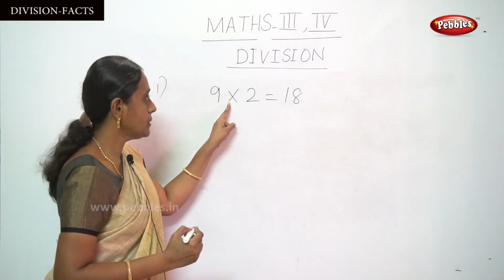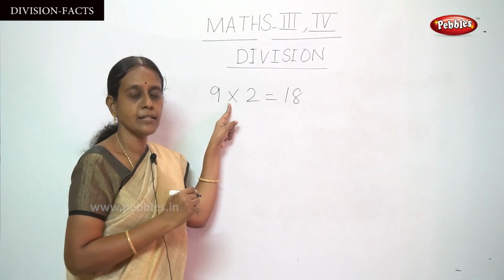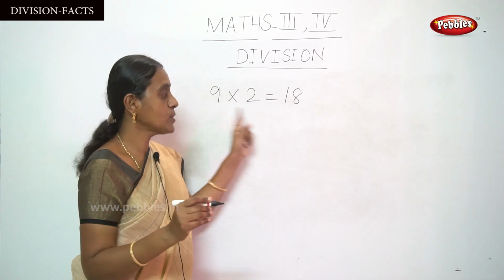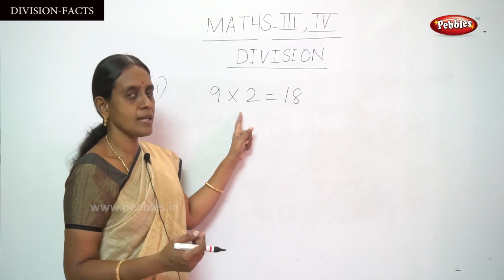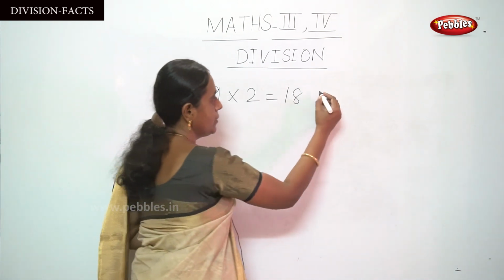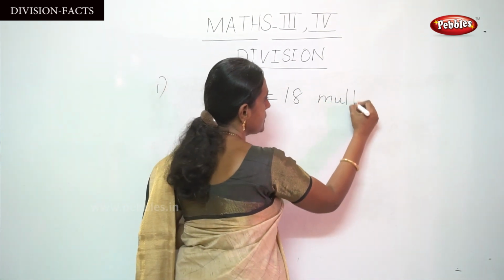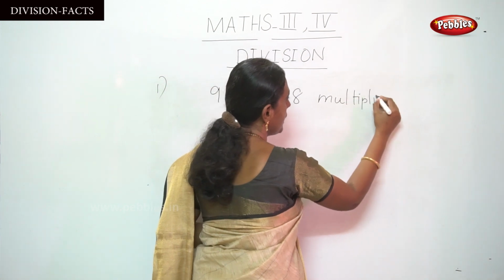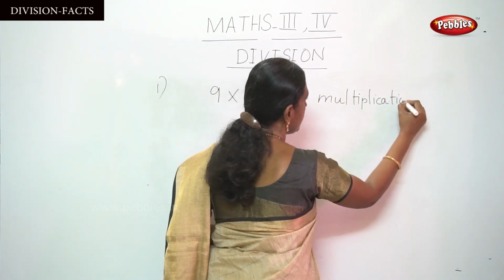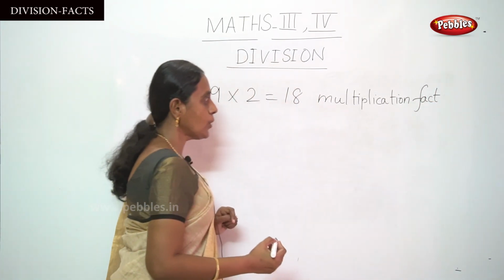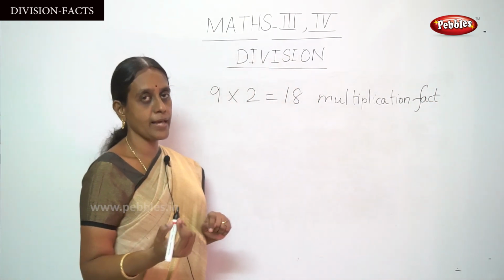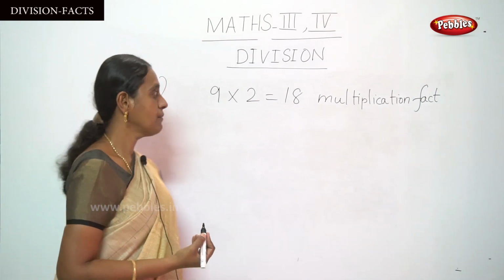So here, by this multiplication sign, you can identify which one is the division or multiplication fact. So this is a multiplication fact, and you are going to write a division fact from this multiplication fact.